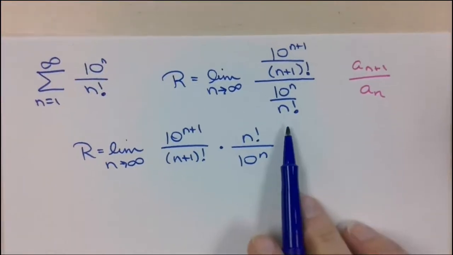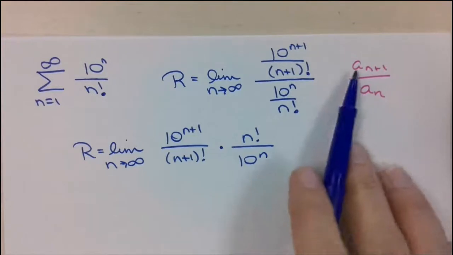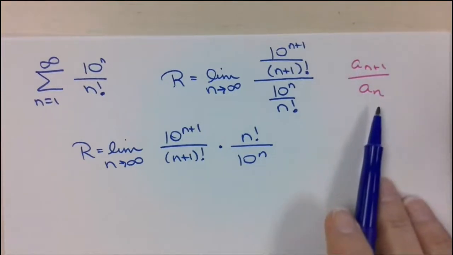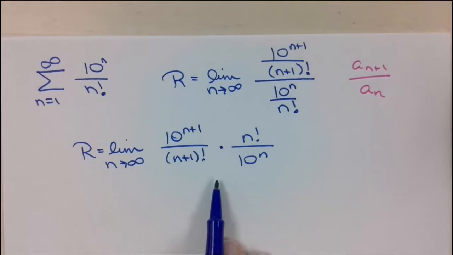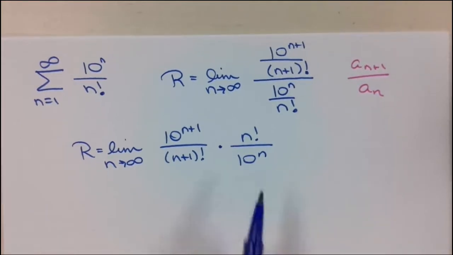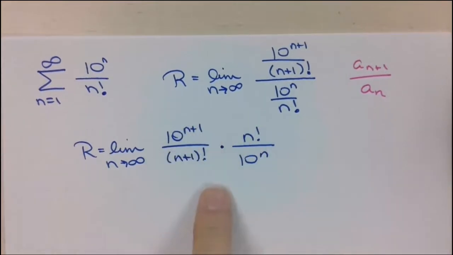I certainly wanted to show the step here to reinforce the ratio that we're forming. But to divide, we multiply by the reciprocal, and you can go straight to this step. So now what we need to do is simplify what we're looking at here, see what we can divide out to make this expression simpler so that we can determine the limit.